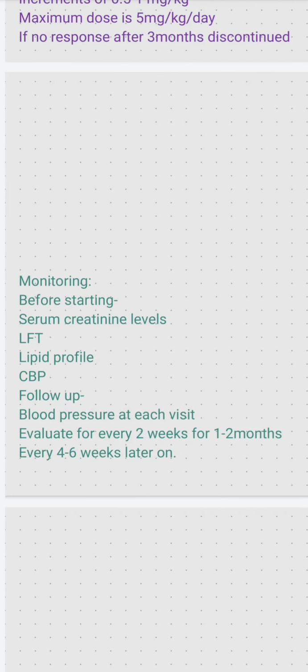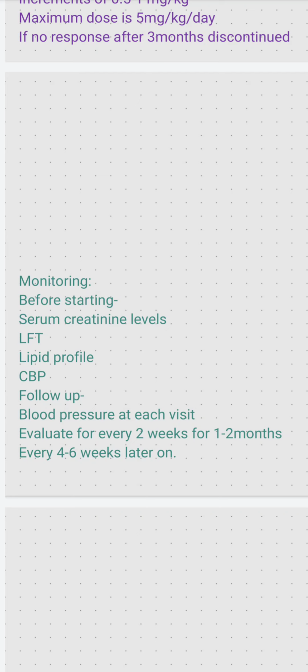Next, monitoring. This is a very important aspect, as cyclosporine shouldn't be taken lightly. Before starting, we have to do some baseline investigations, such as taking the complete history of the patient, their physical examination, and recording their blood pressure first, so as to detect if the patient is already hypertensive or not. And then for renal function, we have to do serum creatinine levels.